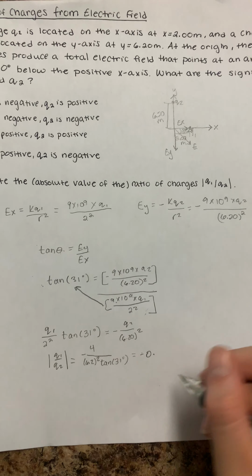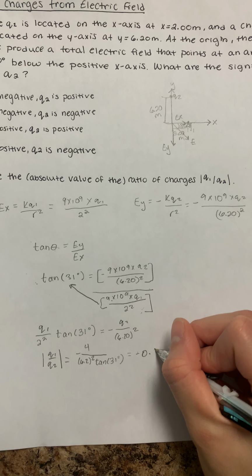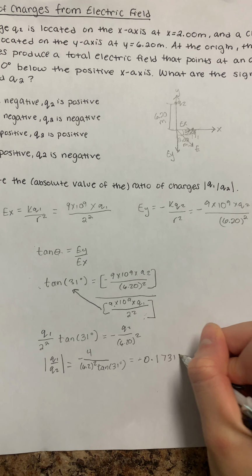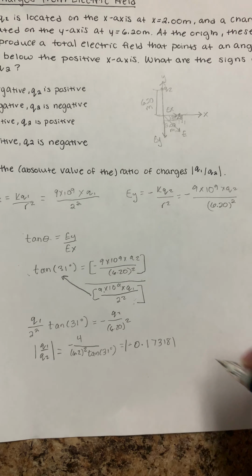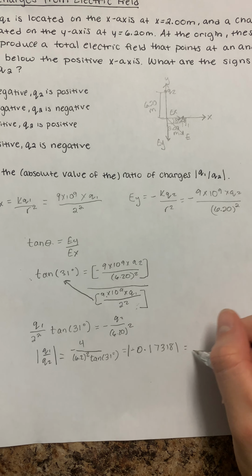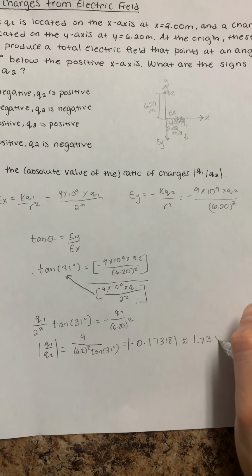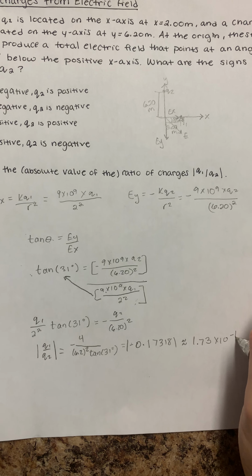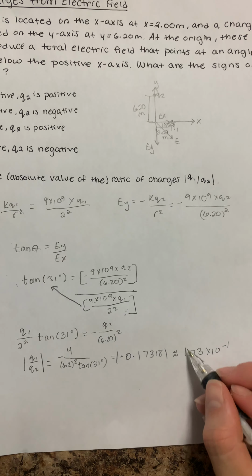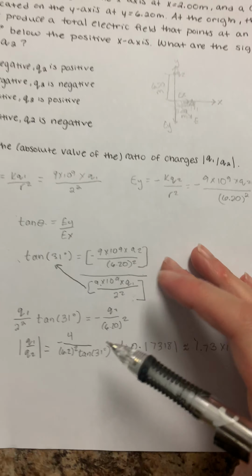So we get from this point negative 0.17318, take the absolute value, and that gives us approximately 1.73 times 10 to the negative 1 as our final answer.